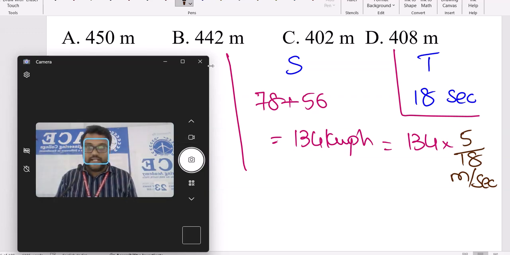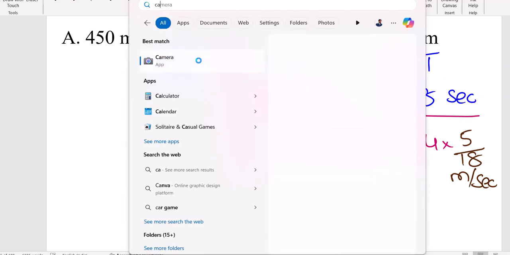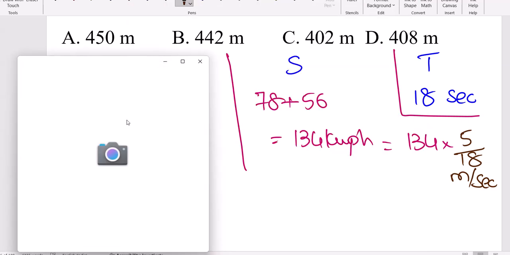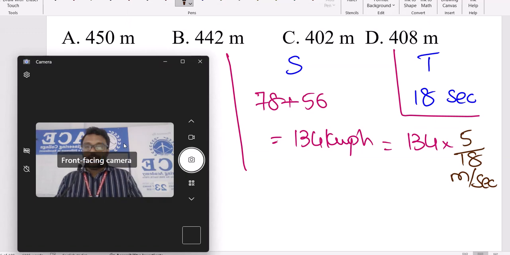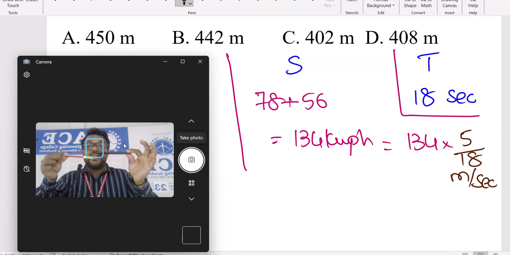Or else let me take one more pen. Yeah, so we can consider these are the two trains, a red one and a black one. The trains are crossing each other, meaning you should assume there is no distance between these two trains.